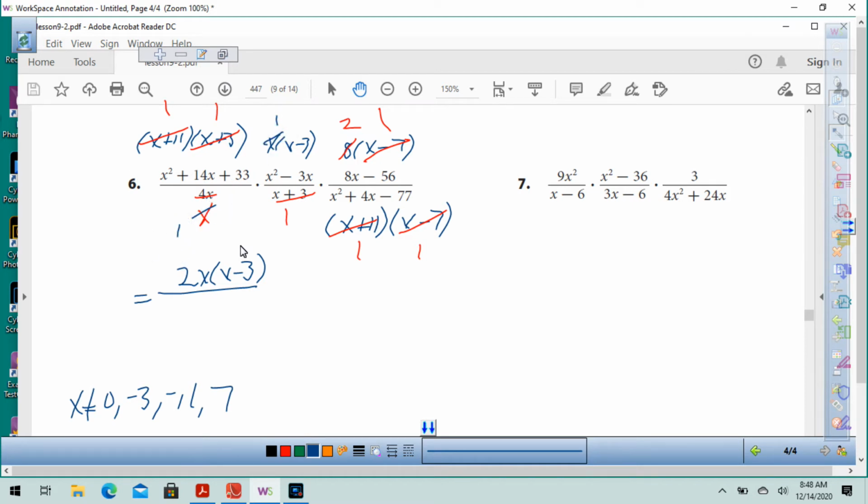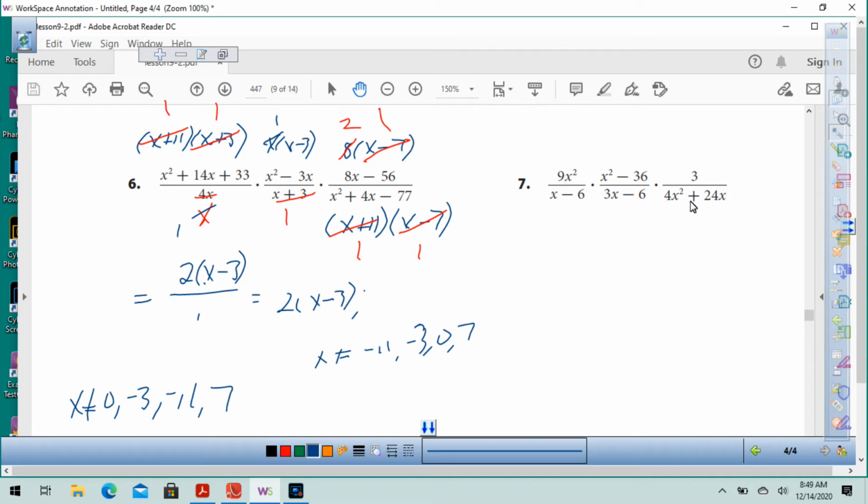So I'm going to end up with just 2 times x minus 3, and all of that is going to be over 1. So I have 2 times x minus 3, and x cannot equal negative 11, negative 3, 0, and 7. Okay, good deal.